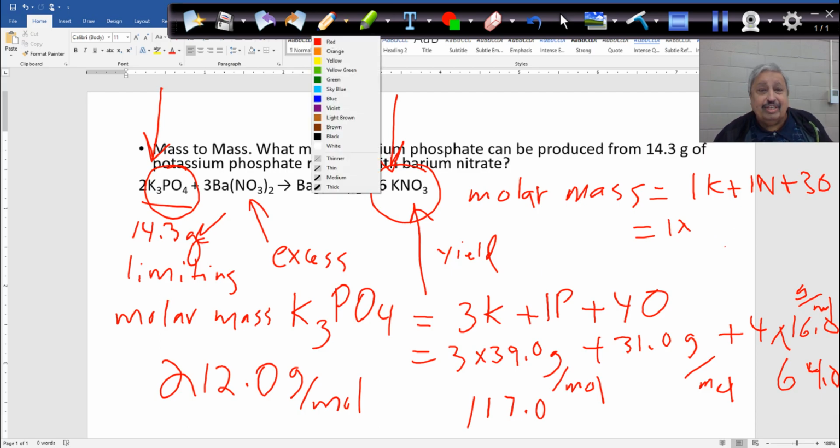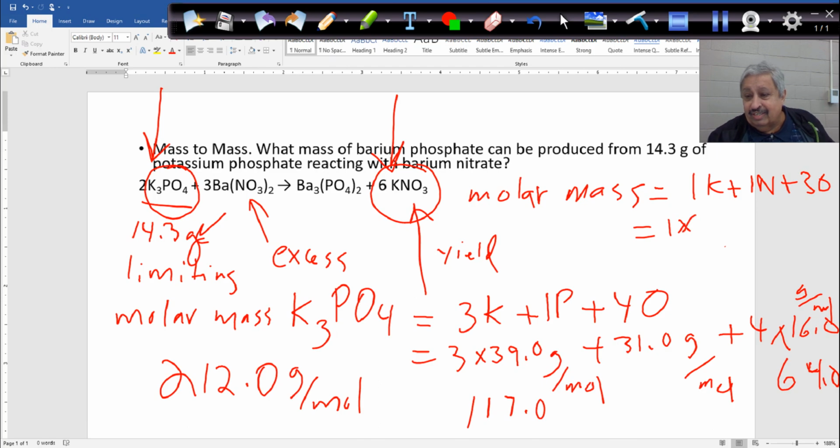Don't worry about it, because in the lab we just round the whole thing. 39.0 plus 3 multiplied by 16. So 16 is 48, correct? And 39, and then nitrogen, how much is nitrogen? 1 nitrogen is 14, correct? So 39 plus 48 plus 14.